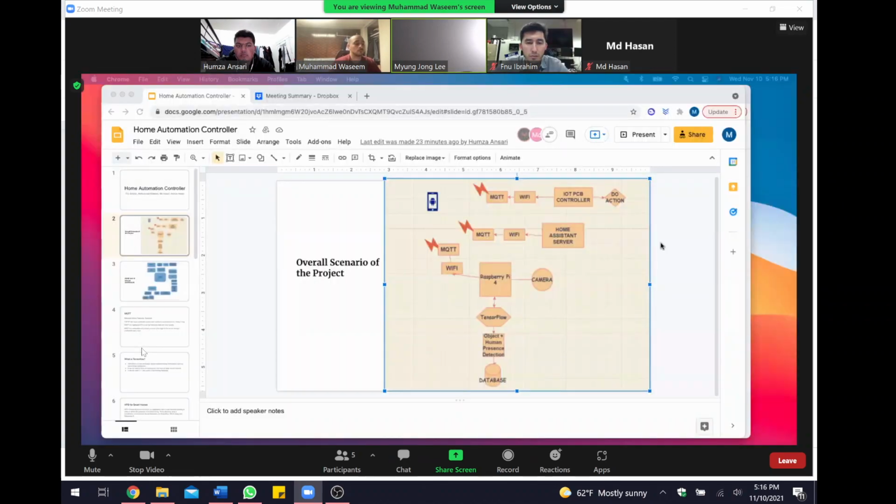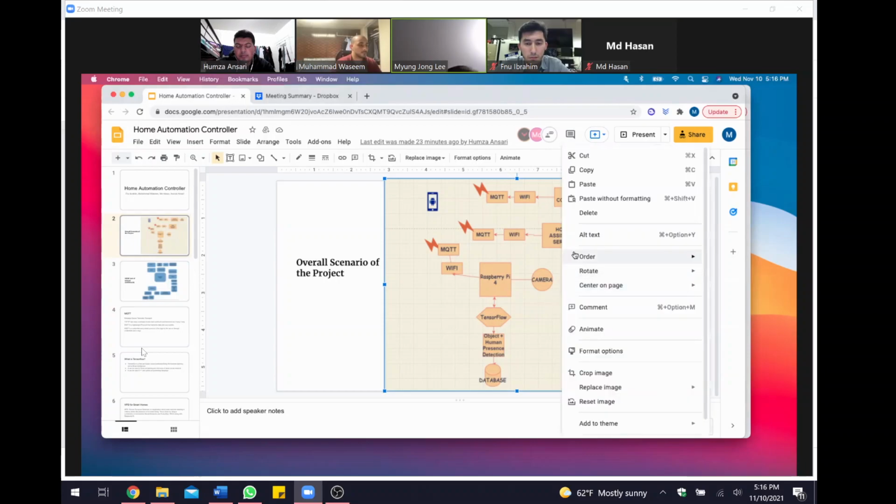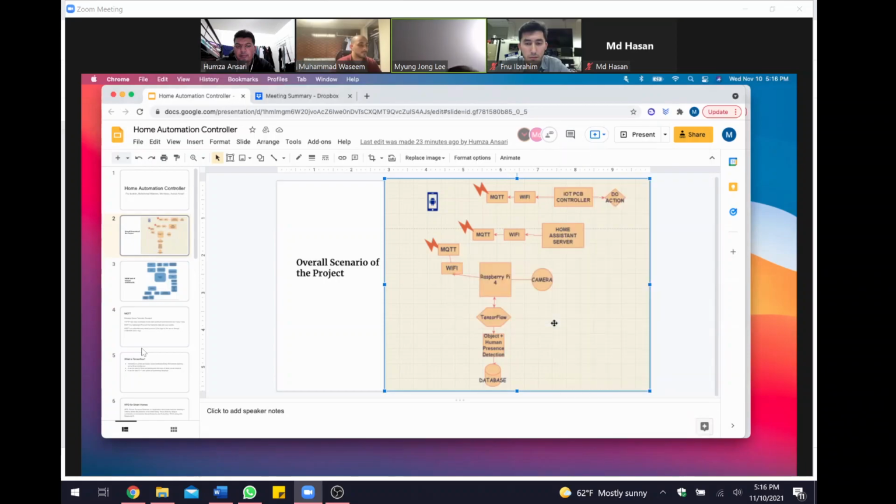Yeah, so here we have the Raspberry Pi, the server, and the PCB controller. Is that what you're looking for? So yeah, here there's a camera. Where's the camera? And then what is this, a Home Assistant server? What is the server for?